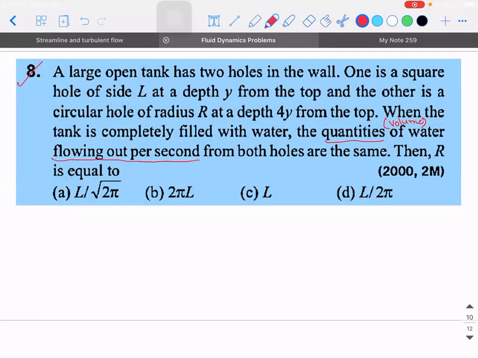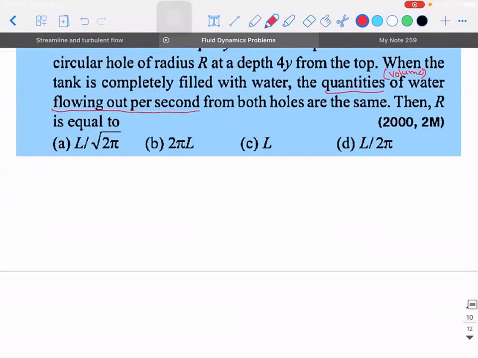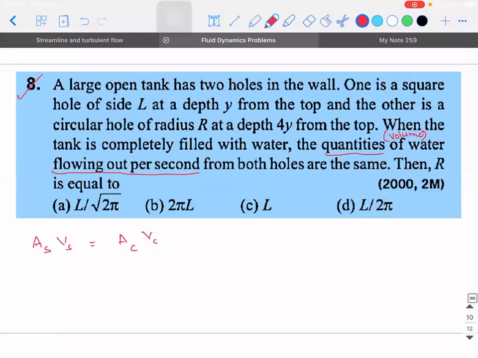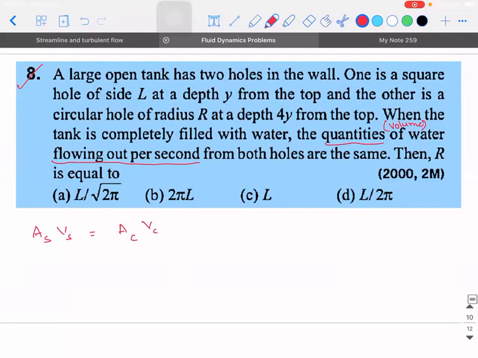Volume of water flowing out per second means what? Again, it is the product of area and velocity, that's it, area and velocity. So area of square into velocity of square is equal to area of circle into velocity of circle. Fortunately, in this question, they are given as the depth. So what is the area of a square in terms of L?